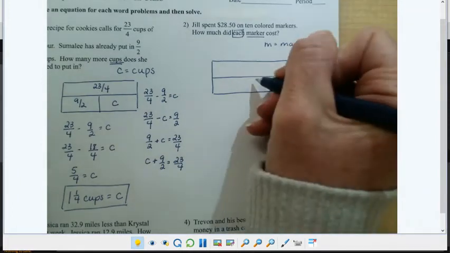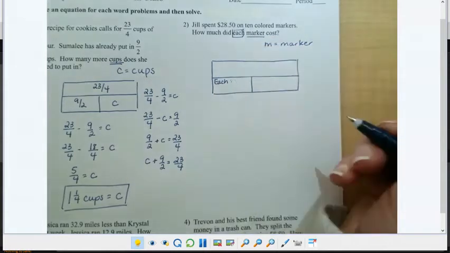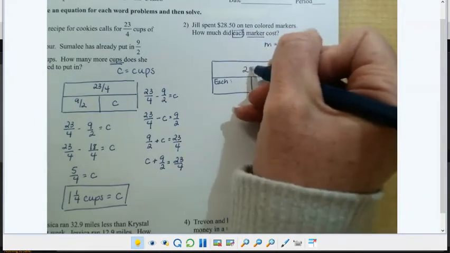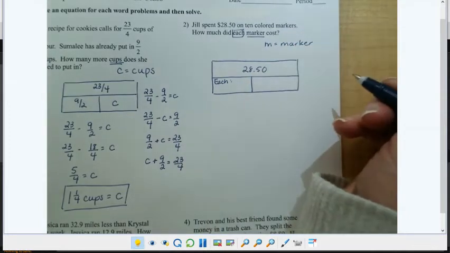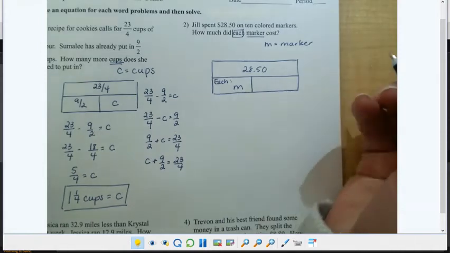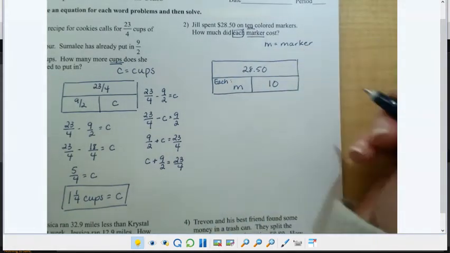So that tells me I'm multiplying and dividing. I'm going to make an each box. So my total is the 2850. I want to know what each marker costs. So that's my variable. And it's 10 colored markers.